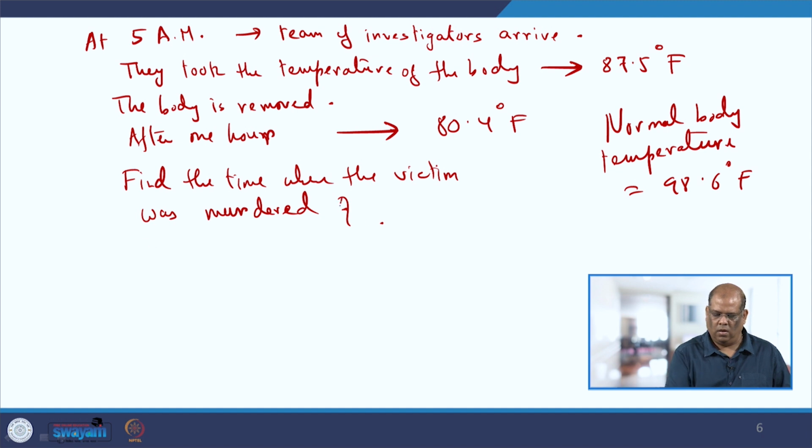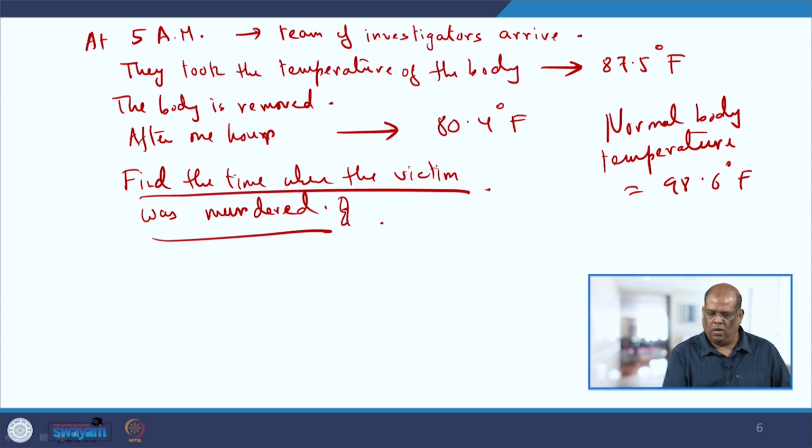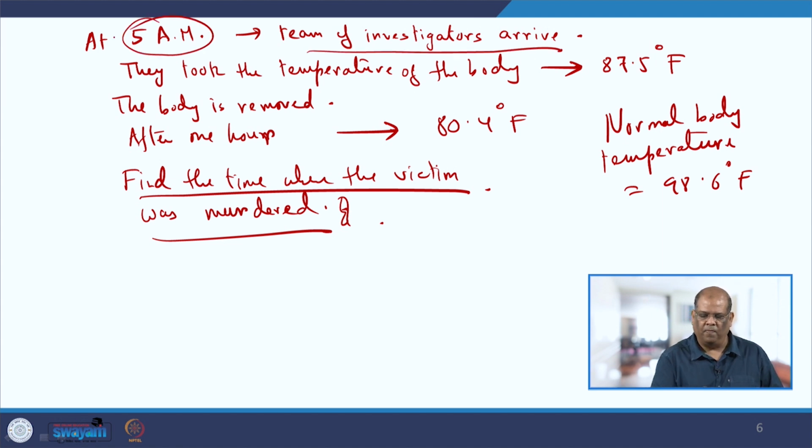So we will be using this Newton's law of cooling to find an approximate time when the victim was murdered, and this is exactly what is done in real life also. So, once again the gist of the problem is that there has been a murder in the neighborhood, the police got a call and the first team of investigators arrives at 5 a.m. They took the temperature of the body, which was 87.5 degree Fahrenheit.